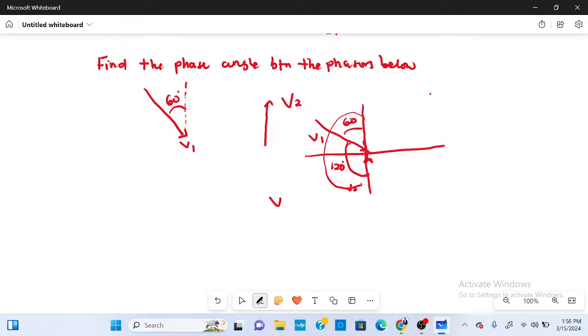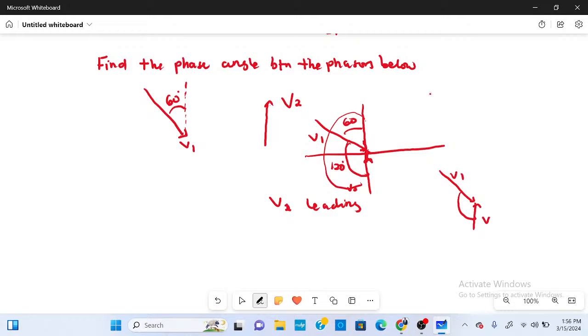So our V1 is leading. Let's see. Okay, this one is pointing downwards and this one is moving up. So rather it's the V2 that is leading. Let me draw it here. So this is V1, and this is V2.